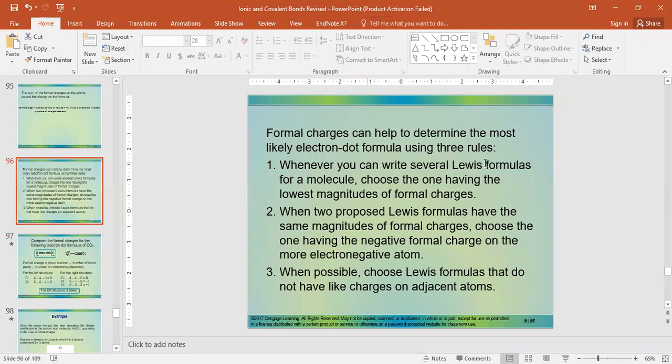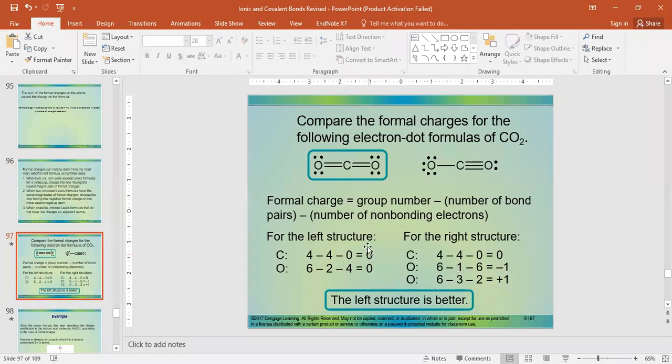So let us come back here. Whenever you can write several Lewis formulas, choose the one having the lowest magnitudes of formal charges. If you look at these structures, the formal charges here are 0, 0. Here we have a mixture of 0, -1, and 1. So the one with lowest magnitudes of formal charges is this particular option, and therefore this is the approved, or stable configuration of carbon dioxide.